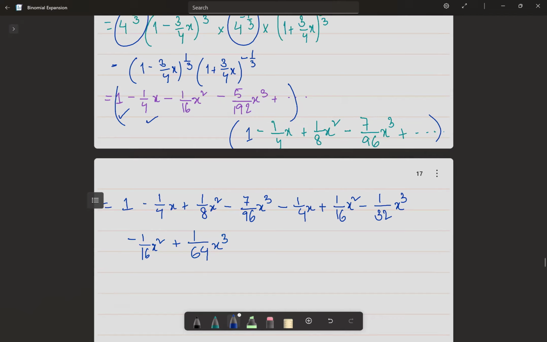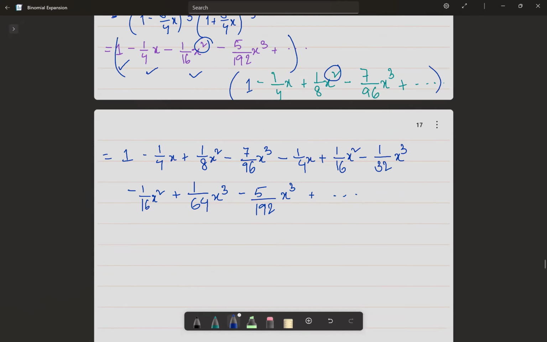And lastly, we are done with this one, because if you multiply 1 by 16 with 1 by 8, you have a square in here and a square in here, and both of these are going to result in a term that has a power of x to 4. So negative 5 by 192 into 1 gives you negative 5 by 192x cubed. And we won't write down any terms further because those are all of higher orders.